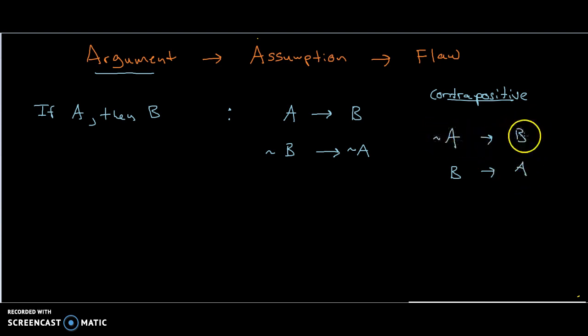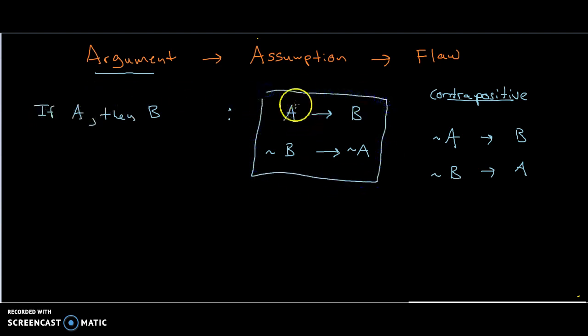This one had positive B, and switching the sign of that would make it negative. These are equivalent. I know I went through that a little fast, but that's really all you have to have down. If you're comfortable with the idea that some situation A leads to B, and the contrapositive is that if I don't have B, then I don't have A, you're golden.